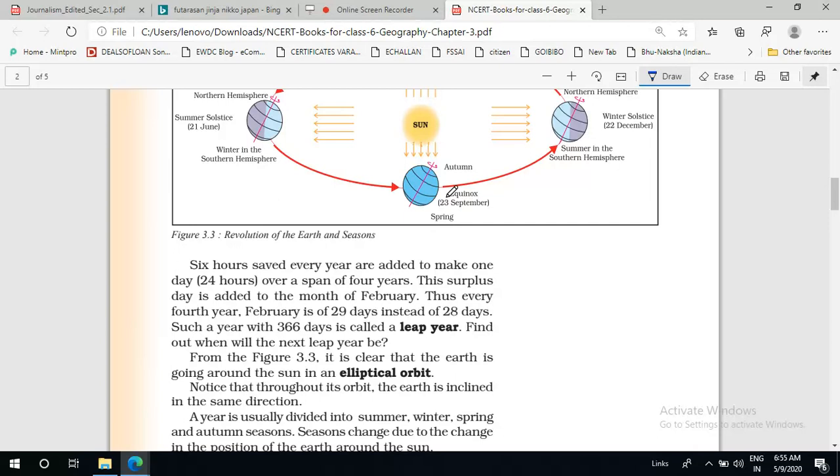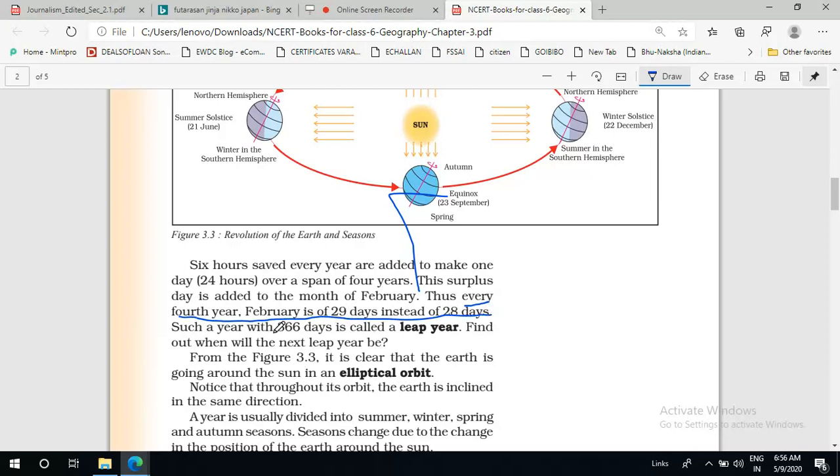जब चार साल हम बचाएंगे 6 hours को, तो that 6 hours will become one day, and this surplus day is added to the month of February. Thus every fourth year February is of 29 days instead of 28 days.